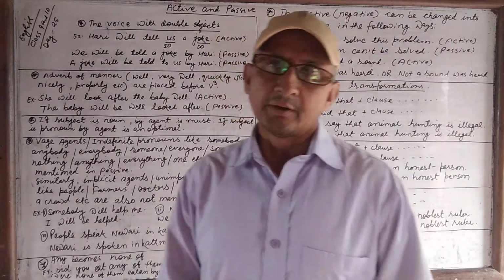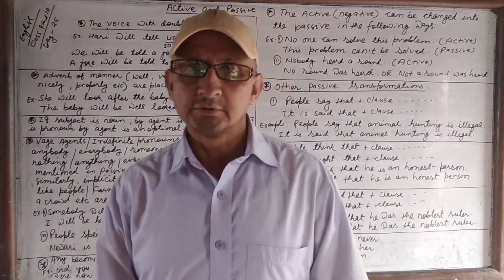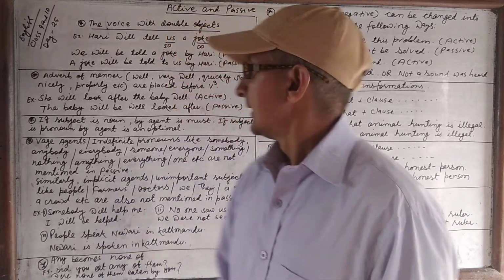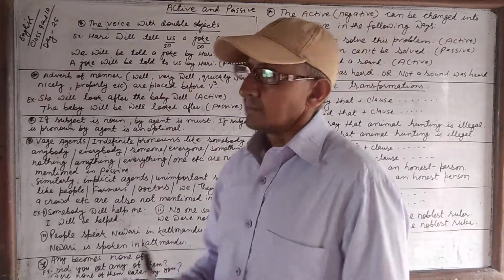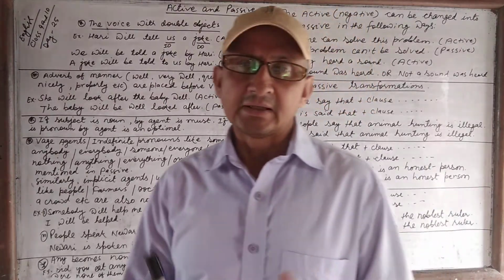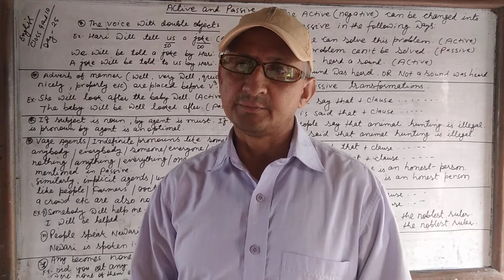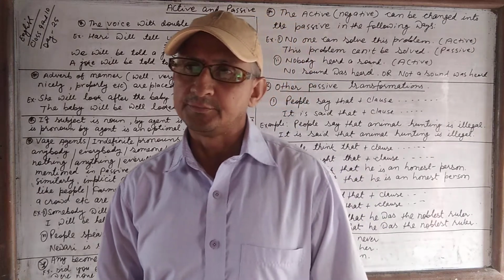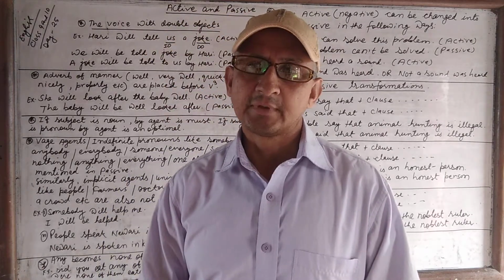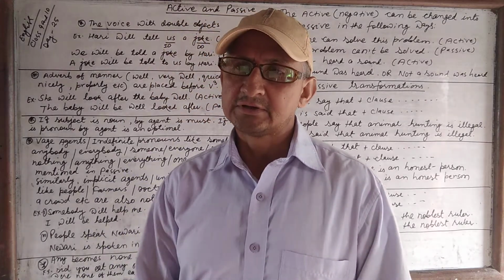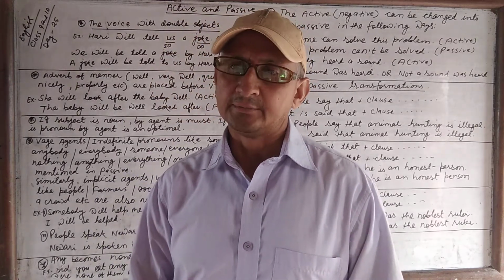If there is a double object, how do you change active into passive? In double object, there is a direct and an indirect object. Direct object means person, indirect object means things. Any one of the objects can be the subject in passive.